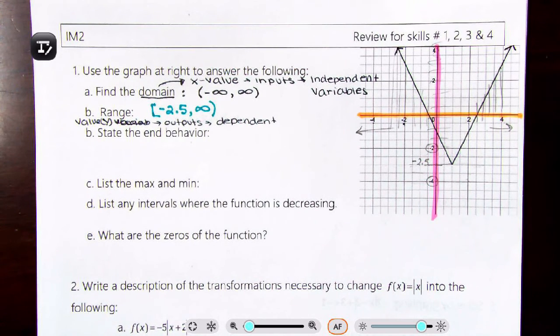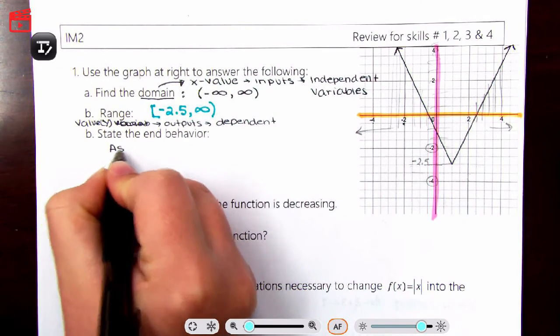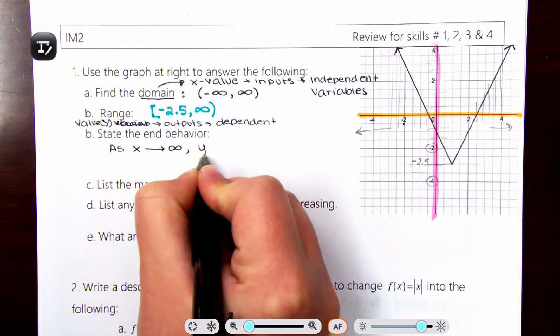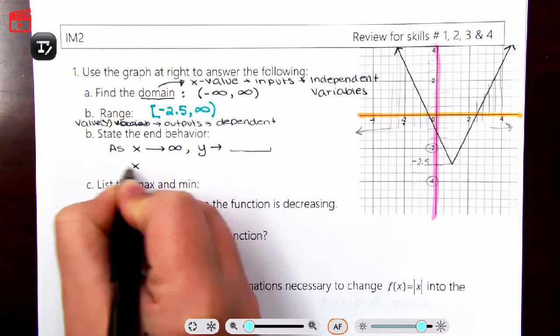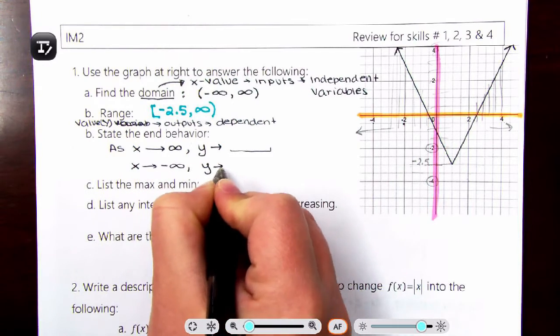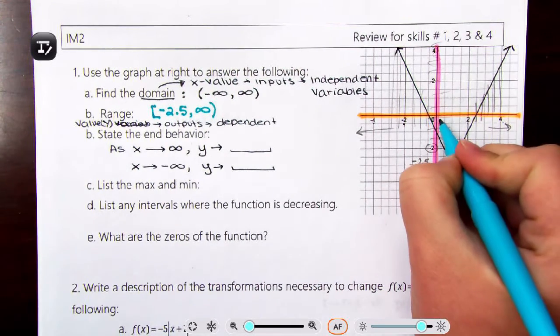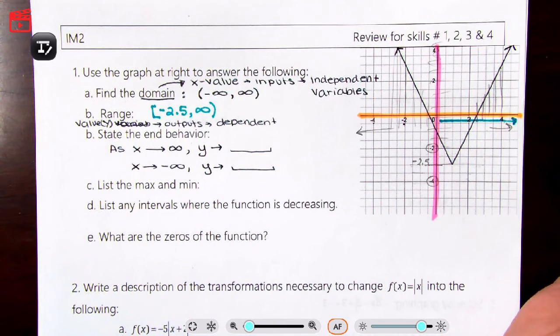Let's state the end behavior. When you're writing end behavior, you're always going to start out the same way. As x approaches infinity, y approaches something. And as x approaches negative infinity, y approaches something. When we're talking about end behavior, we're talking about, as our x's get super big, what happens to our y values?